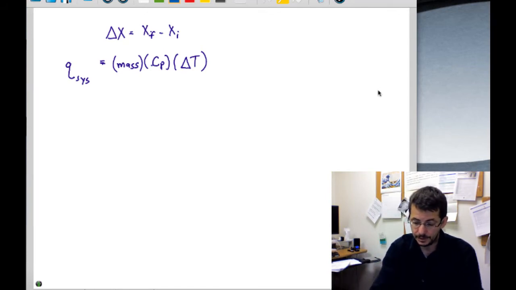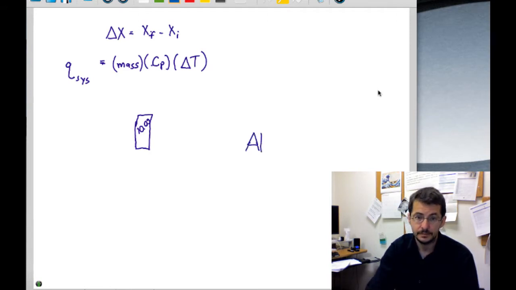So let's take a look at a piece of metal. I'm just going to take some generic piece of metal. Take a 10-gram piece of metal. I'm going to take a 10-gram piece of aluminum, and it's going to be at 100 degrees centigrade.